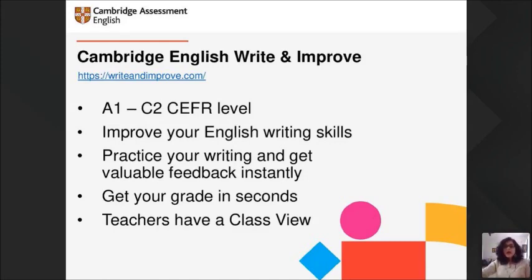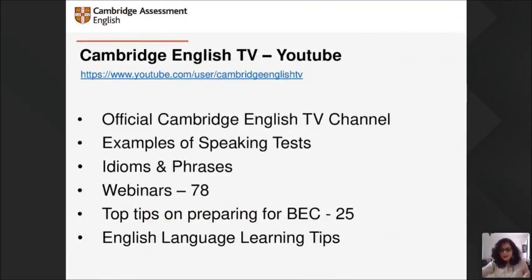A significant benefit or upside of these tasks is that students get instant feedback, and they understand their marks, they understand the way they are being assessed, and that assessment is again in sync with the international assessment criteria which Cambridge English exams follow. So they get their grade in seconds, and it also gives teachers a very clear class view as to which student stands where with regard to writing skills, right?